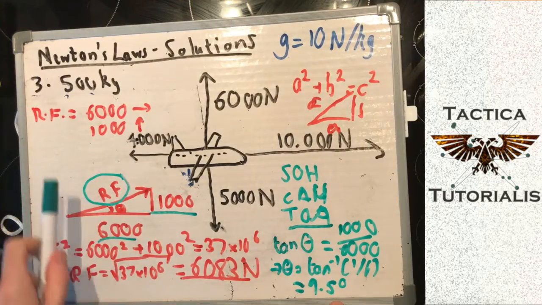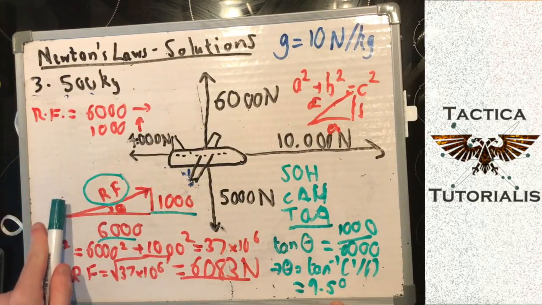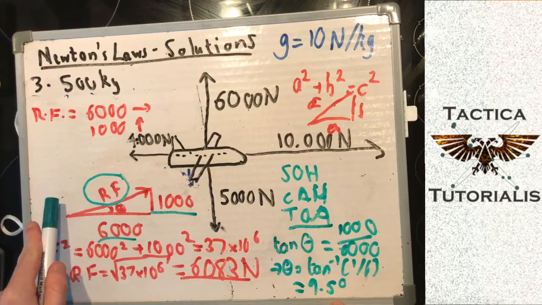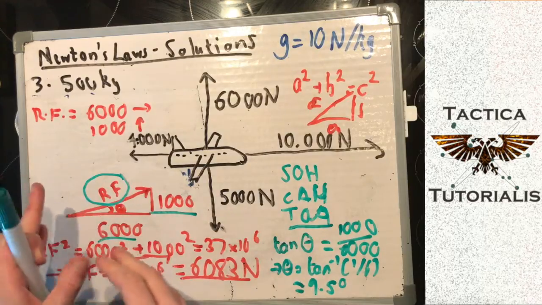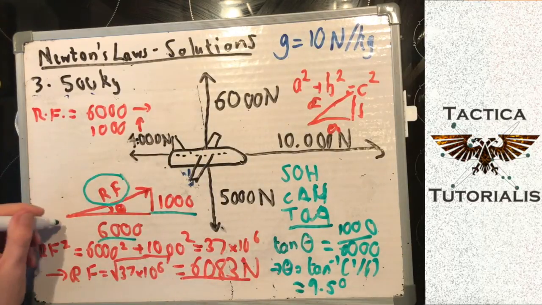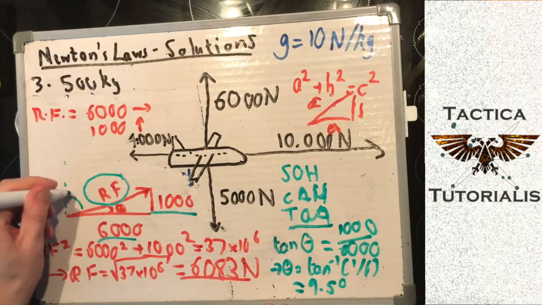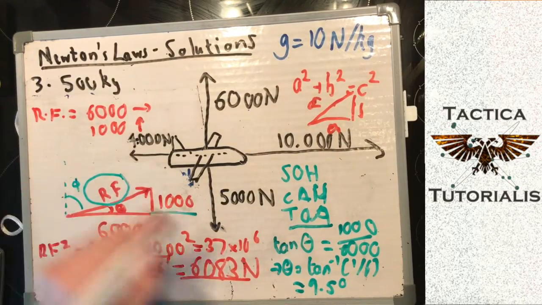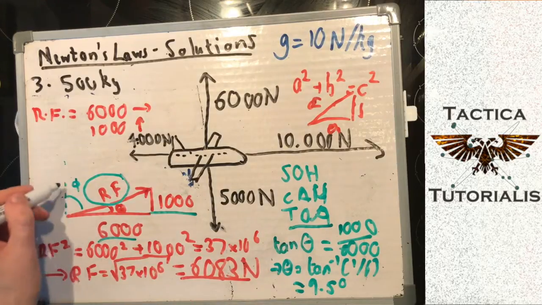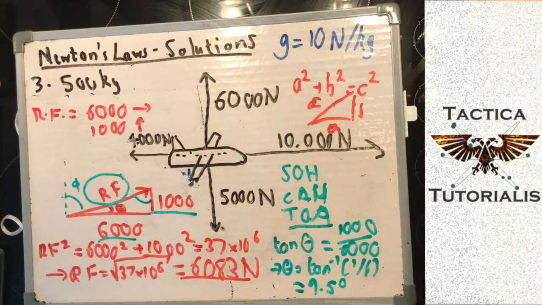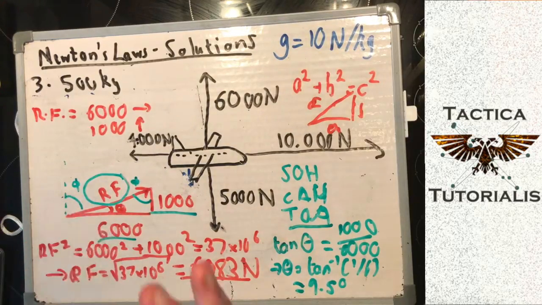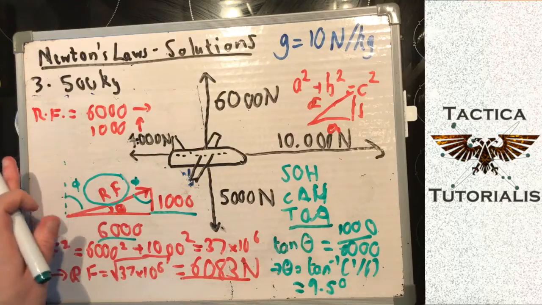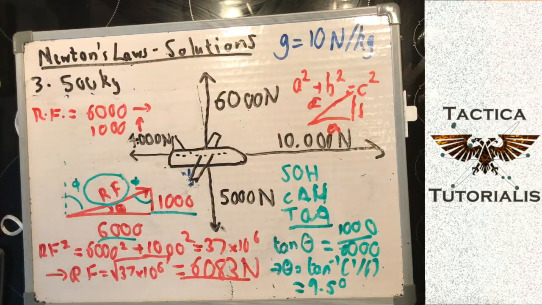Or you could equally do your triangle slightly differently, so that your angle is measured from the vertical, call it phi, where phi is 90 minus that, and you work out that angle instead of that angle. Go with what the question says. Usually it works to the vertical, but I've done it to the horizontal here because it's a neater triangle for you to understand what I'm doing.